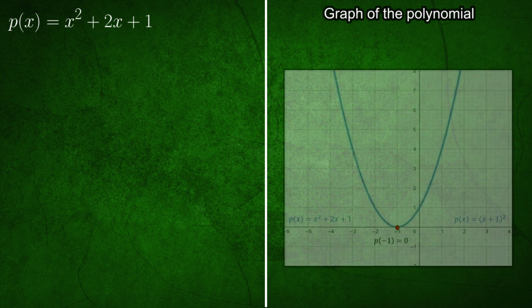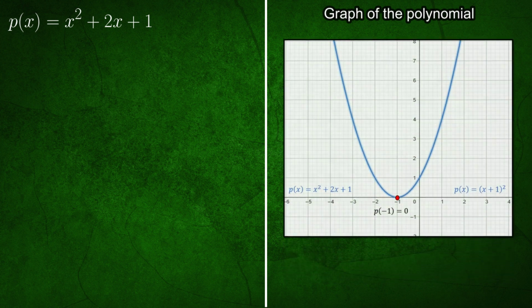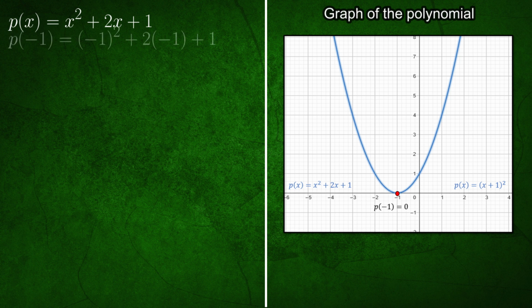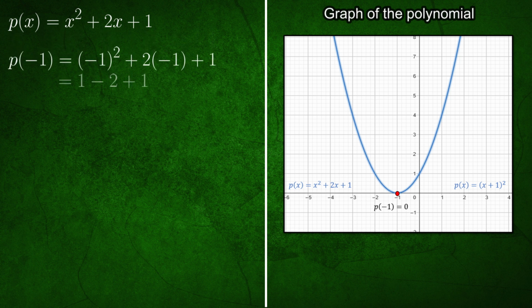Now, let us consider the polynomial p of x equal x squared plus 2x plus 1. Then, we notice that p of minus 1 is equal 0. We only need to substitute such a value in order to be able to see that this is actually satisfied.